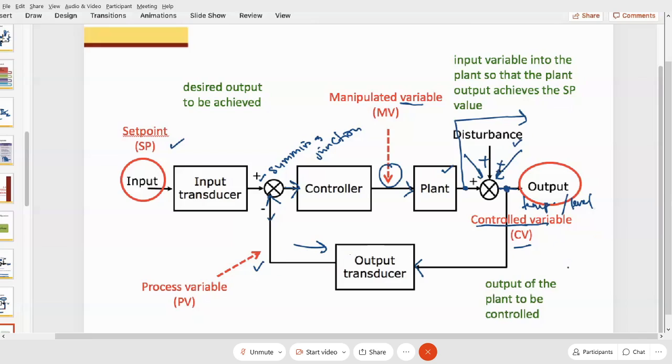So you must know what the control variable is. Next, we always mention the manipulated variable, control variable, input set point, controller, and output transducer, so you must know where each signal and component is in your system.